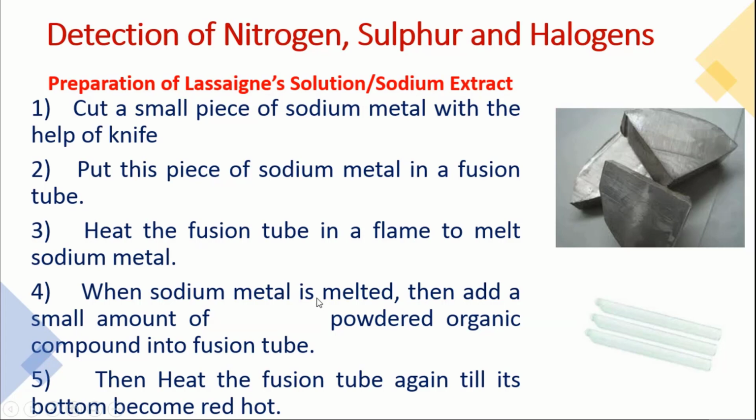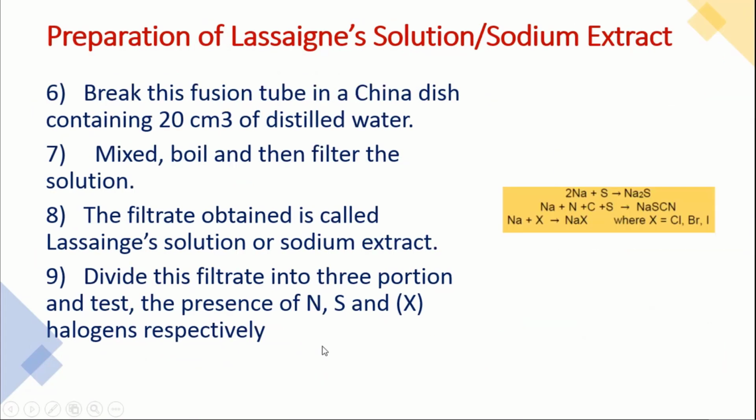When the sodium metal is melted, add a small amount of powdered organic compound into this fusion tube. Then heat the fusion tube again till its bottom becomes red hot, and when its bottom becomes red hot, break this fusion tube in a china dish containing about 20 cubic centimeters of water.